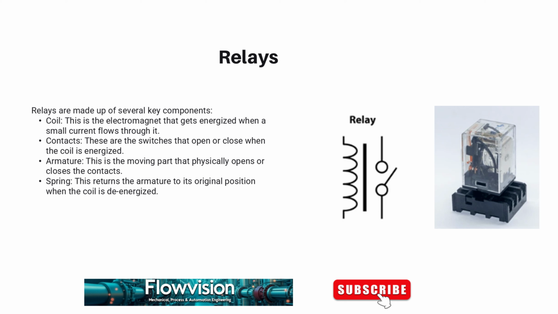The working principle of a relay is very simple. The coil is supplied with a current, and as current flows through the coil, it acts as a magnet, which then causes the contacts of a switch to close or open.